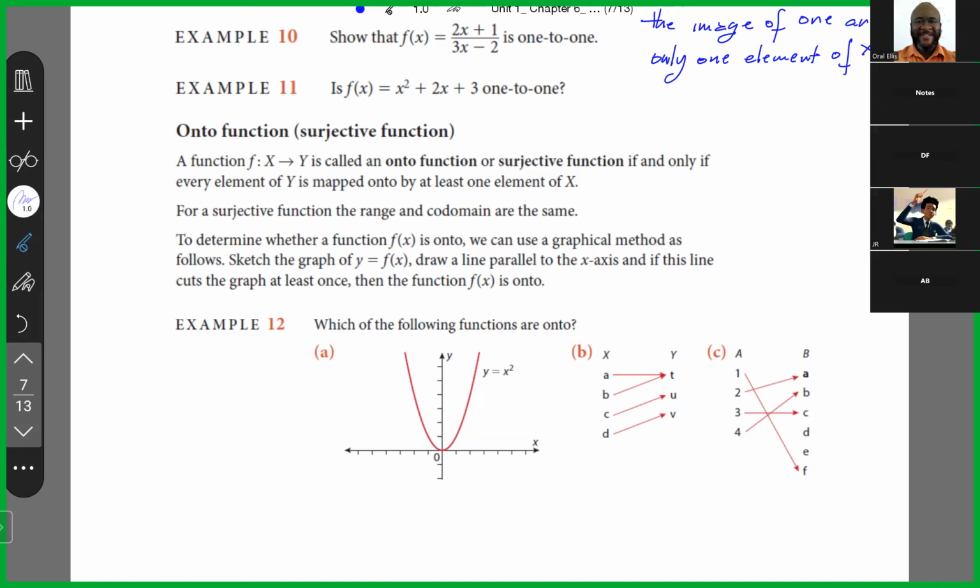Now, for a surjective function, the range and the codomain are the same.